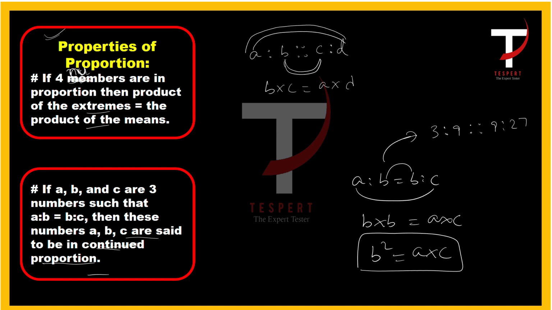So if we consider a is to b as 3 is to 9 and b is to c as 9 is to 27, here b and b are equal, 9 and 9. So the product of means, 9 into 9, is equal to the product of extremes, 27 into 3. 9 9s are 81 and 27 into 3 is 81, right?